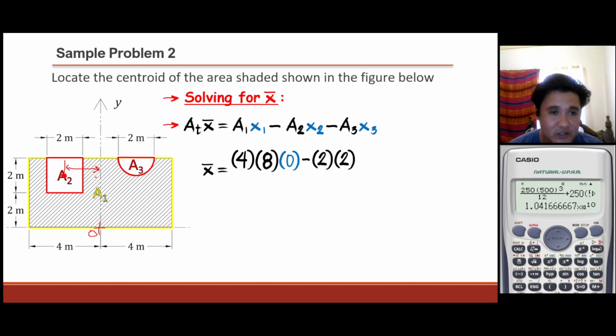So, if this is 4, this is 2, ito ay 1, ito ay 1. Tapos yung center niya, nasa gitna lang din. So, yung x distance natin ay 2. Dahil nga nasa left side siya ng reference axis natin, we will set that as negative 2.